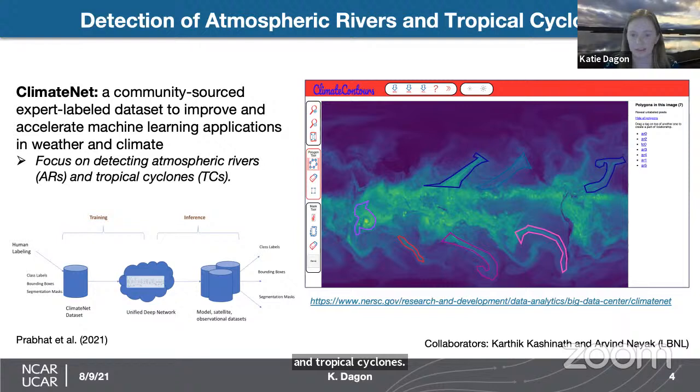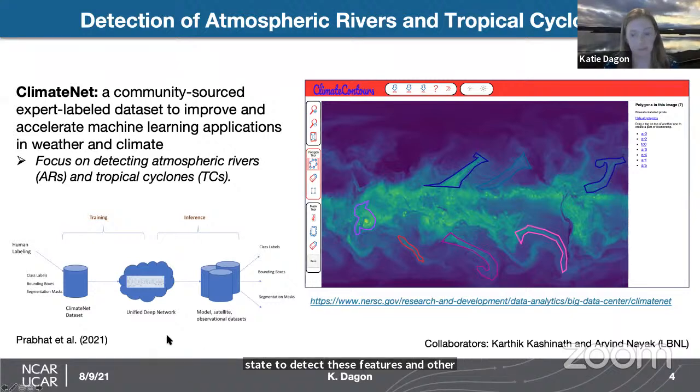So what I mean by that is they've actually gotten experts to hand label tropical cyclones and atmospheric rivers from climate model output in order to build a training data set for a machine learning detection algorithm that can then be used in an inference state to detect these features in other data sets.